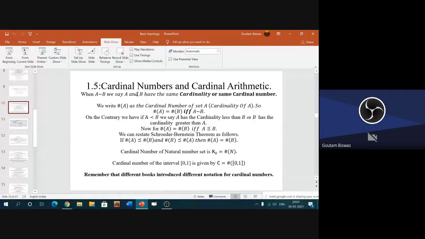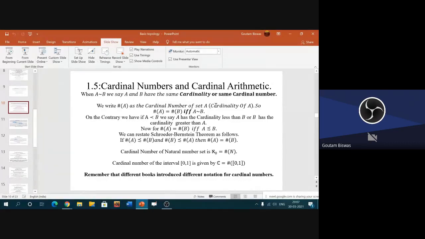First, cardinal numbers. When A is equivalent to B, what is called equivalent? I have defined it. Can you all hear me, please? Yes, sir. Okay. We say that A and B have the same cardinality or same cardinal number.